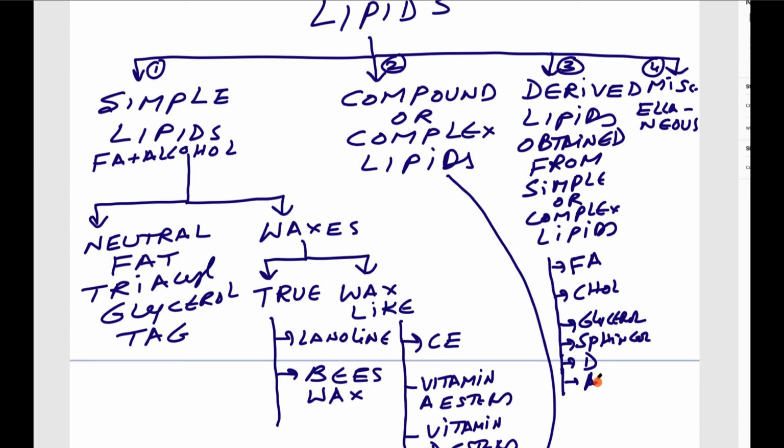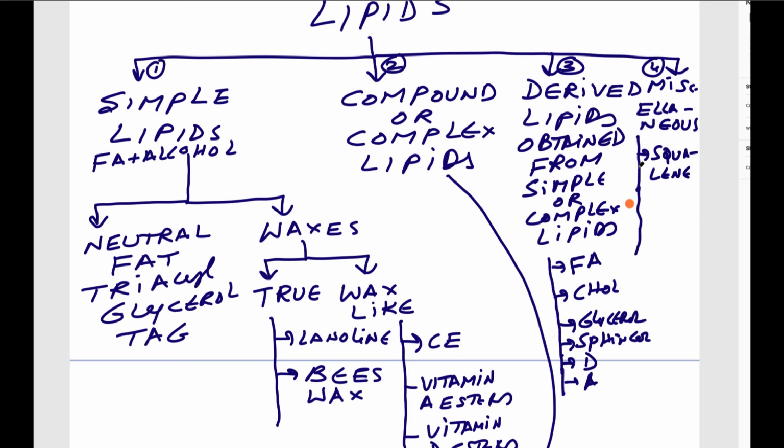If lipids do not fit into any of these three categories, they are placed under the miscellaneous lipids. These are like squalene, which we come across in cholesterol metabolism, and other petroleum products.